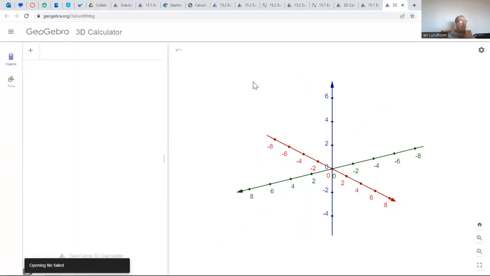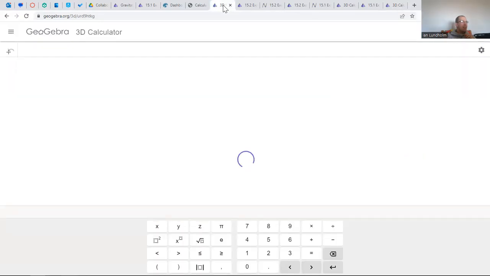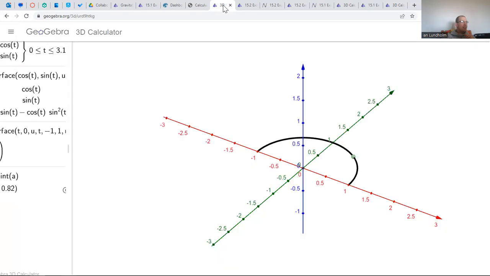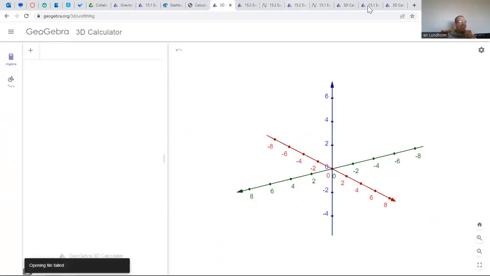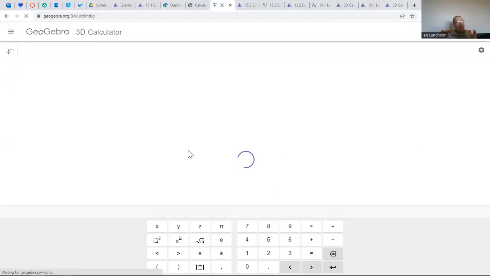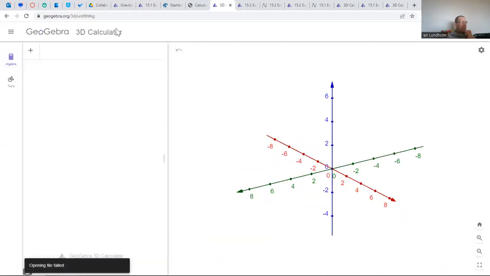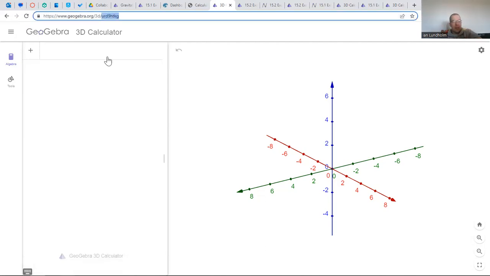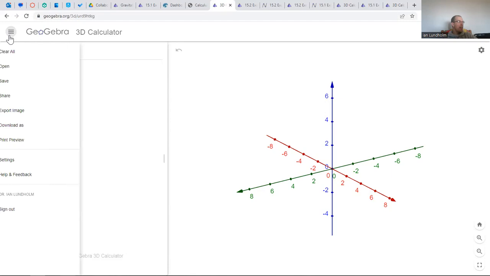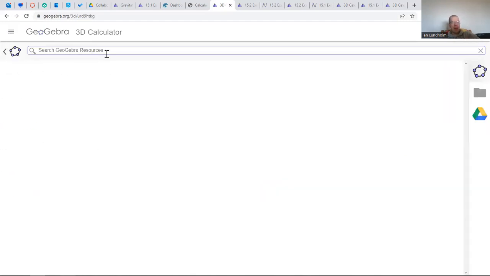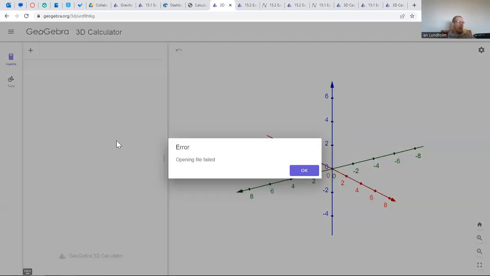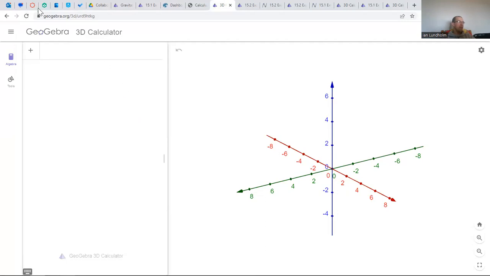Come on. All right, we're going back here. GeoGebra. Oh, this one's so good, you guys. I don't want GeoGebra to fail on this one. You can do it. I believe in you. Sometimes this has worked. If I copy this and I say, hey, I want to open this up, I search in GeoGebra resources and it says, here's the one that you were trying to do, and then it fails again.